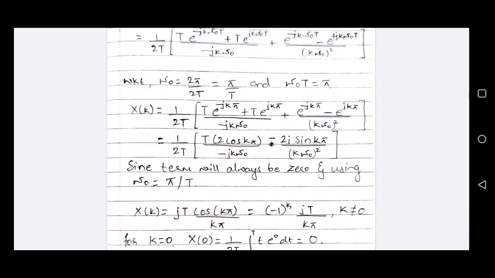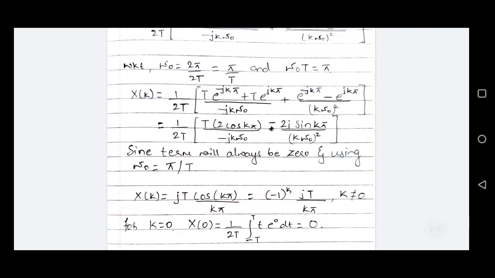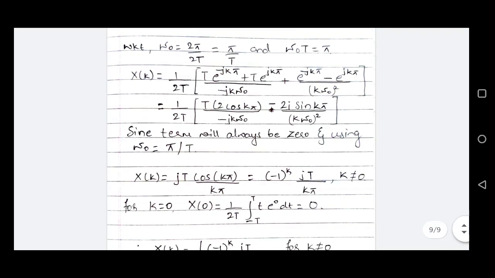Rearranging them in terms of sine and cosine functions, we can rewrite it as 1 divided by 2T times capital T times 2 cos of k pi divided by minus jk omega naught minus 2j sine of k pi divided by k omega naught square. For pi and integer multiples of pi, the sine term will always be 0. So the second term inside the bracket will be 0.